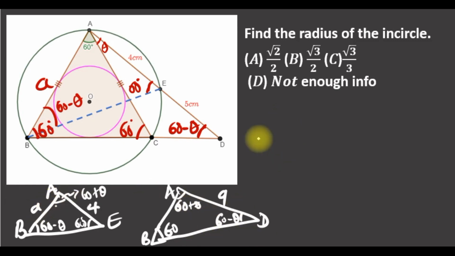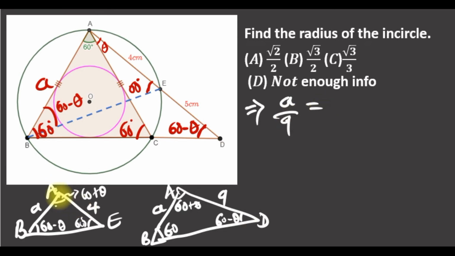So, okay, we see that A is AB of this small triangle. Remember, here is also A. A of this small triangle corresponds to which one in this big triangle? This 60 plus theta, this 60 minus theta. 60 plus theta, 60 minus, so it's 9.